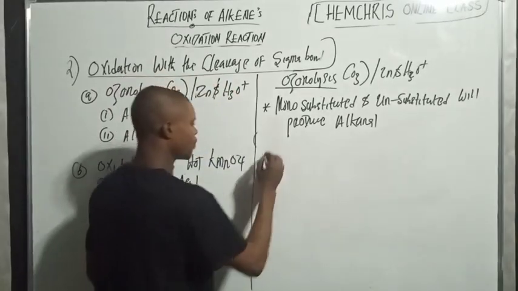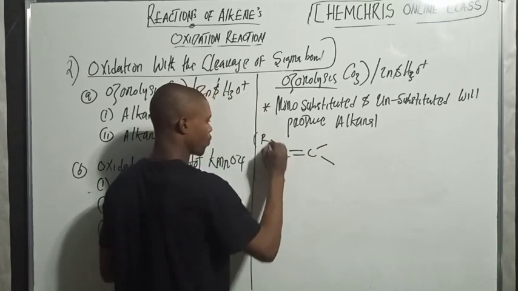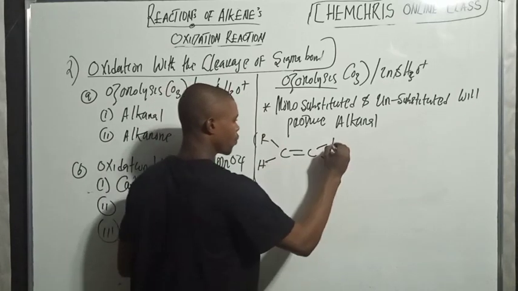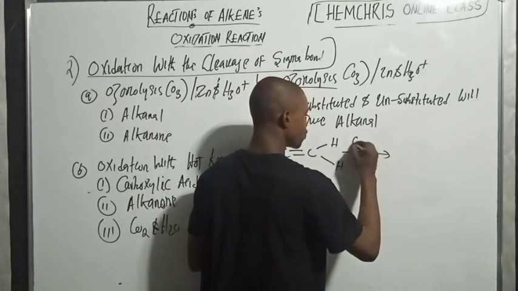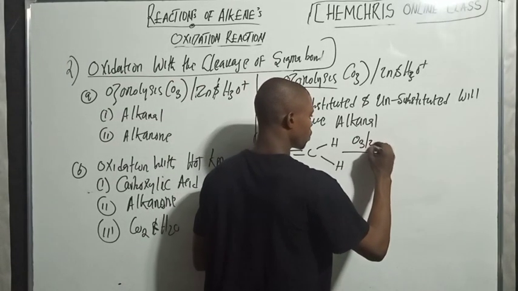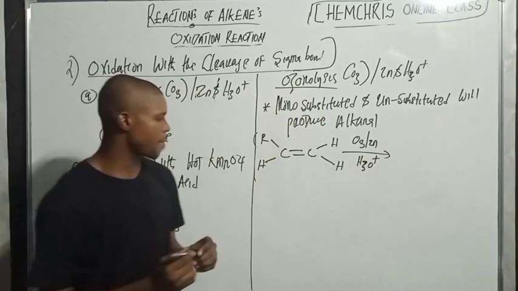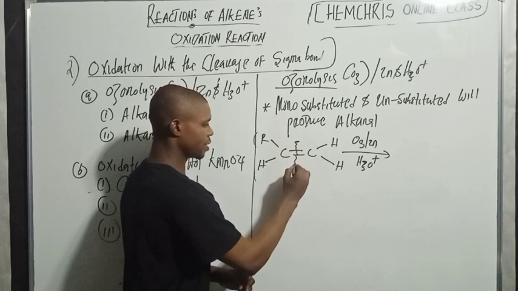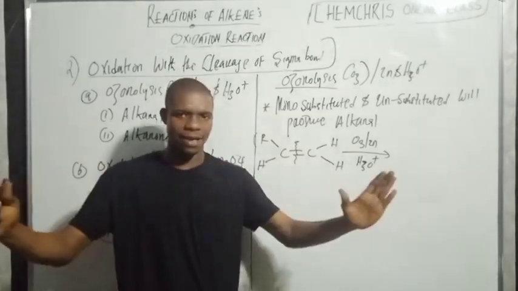If for example you have something like this and you oxidize it with ozone, remember, here we are going to break these two things here, right? When you break this, you are going to get two different carbon atoms.